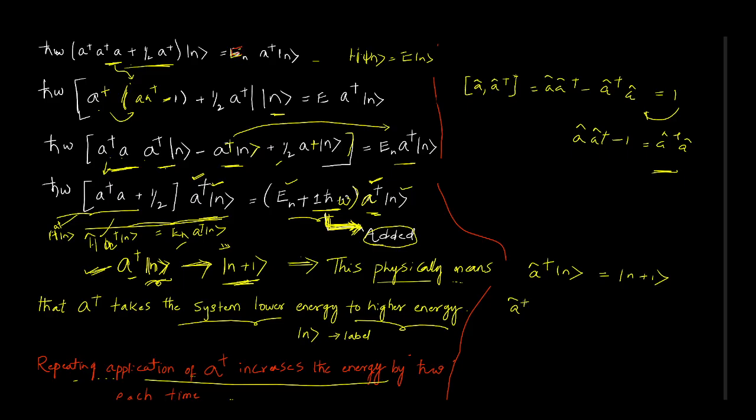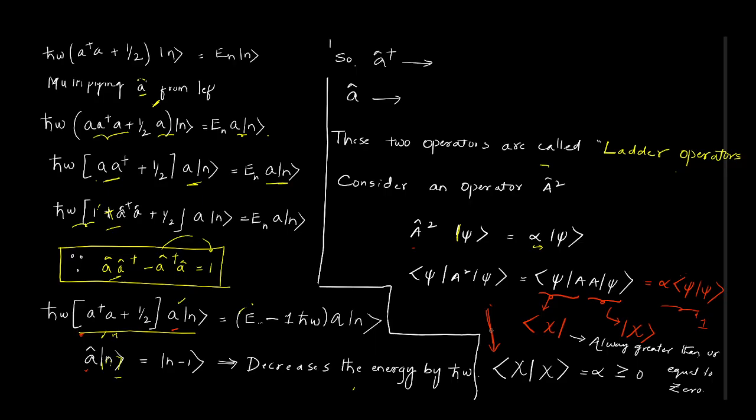If A† is operated on the n plus 1 state, it will give the n plus 2 state. If A† is applied on the state 2, it becomes the third state. If A† is applied on 100, the state will be increased by 1 unit, that is 101. This is how A† will be useful.